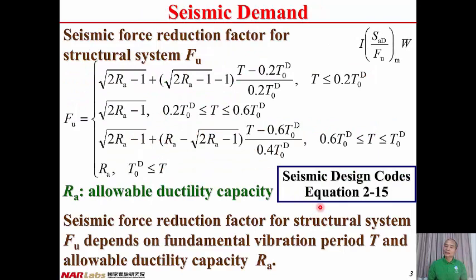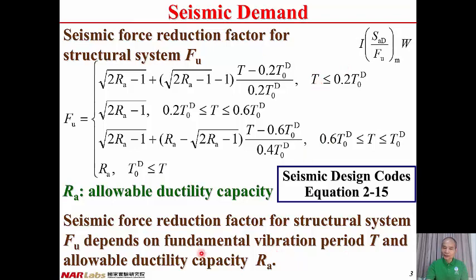From Seismic Design Code Equation 2-15, we have an equation for the computation of seismic force reduction factor for structural system, FU, due to ductility. FU depends on two parameters. One is the fundamental vibration period T of the building.